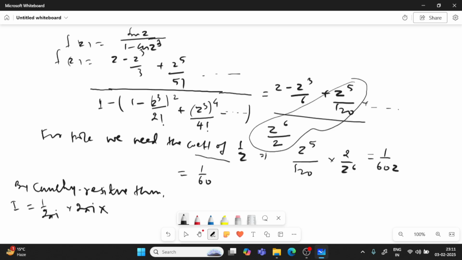It is the residue of f(z) around the pole, at z equals 0. It will be cancelled out.